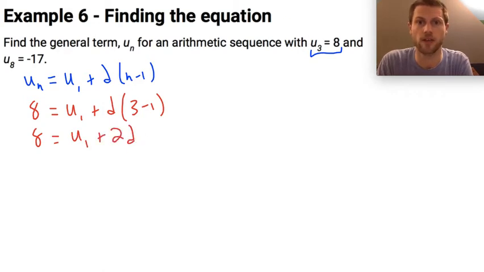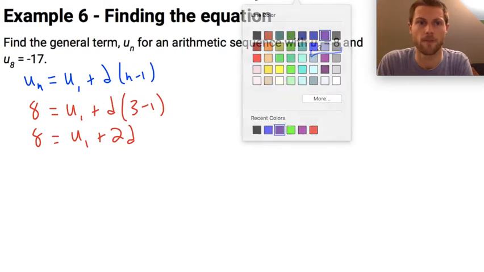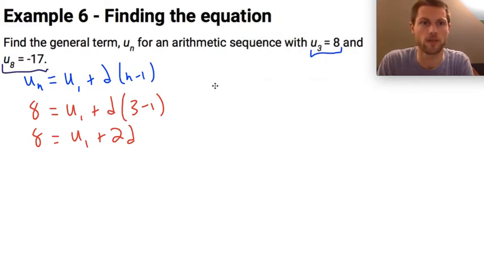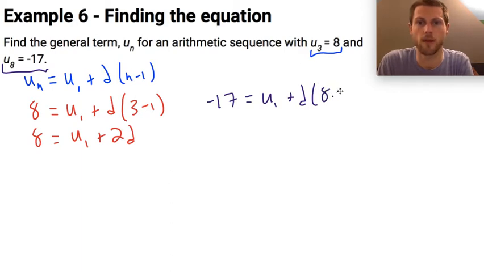Let's take the other fact. Let's go purple here. That u sub 8 equals negative 17. So negative 17 is going to equal u sub 1, that's still an unknown, plus d, that's still an unknown, times 8 minus 1, since this is the 8th term in the sequence. So negative 17 is going to equal u sub 1 plus 7d.